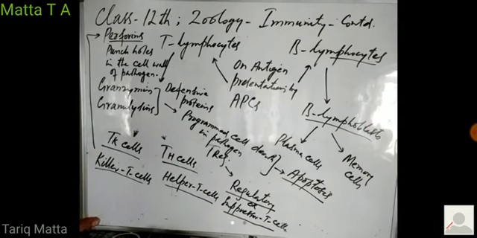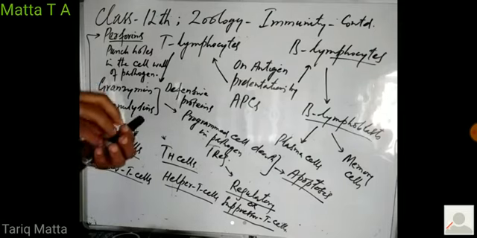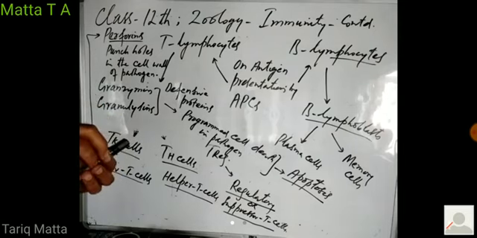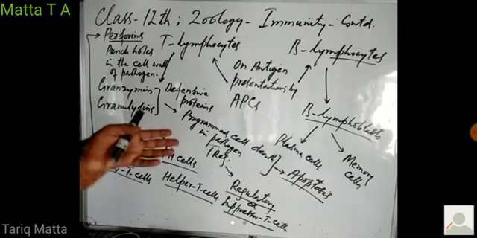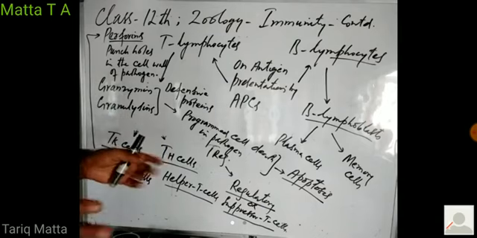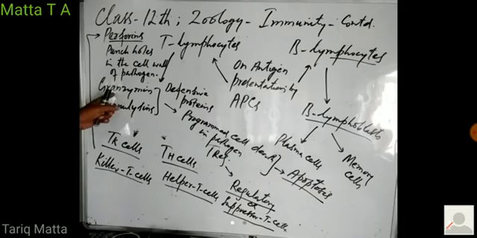So how do they kill the pathogen? They kill the pathogen in three ways. They release perforins, which are defensive proteins that cause holes in the cell wall of the pathogen, thereby bursting open the cell and destroying the pathogen. Or they release granzymins and granulysins.